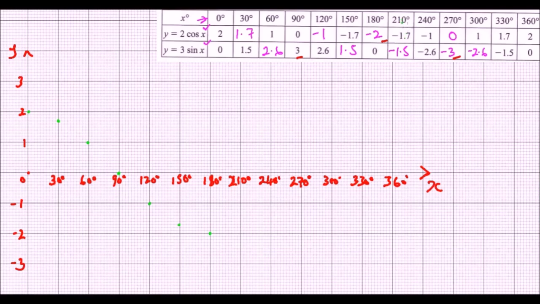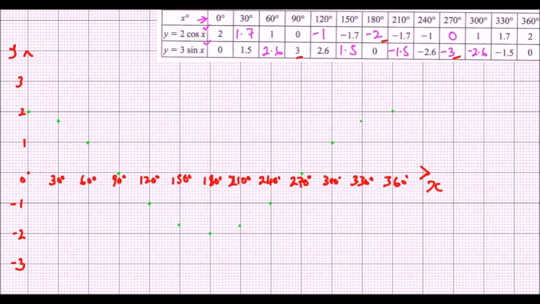We have 240, it is minus 1. 270, we have y is 0. We have 300, we have 1. 330, we have 1.7. We have 360, go to 2. So these are the values of our function y is equals to 2 cos x.